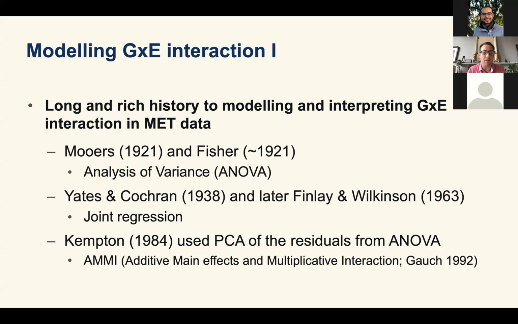At least in Australia, you don't go past talking to a plant breeder without talking about GxE. It started off with the initial analysis of variance, where you had simple main effects in your ANOVA. You then went to trying to explain a bit more of the GxE, where you got the Finlay-Wilkinson regressions, which are essentially just a regression on the environmental means.